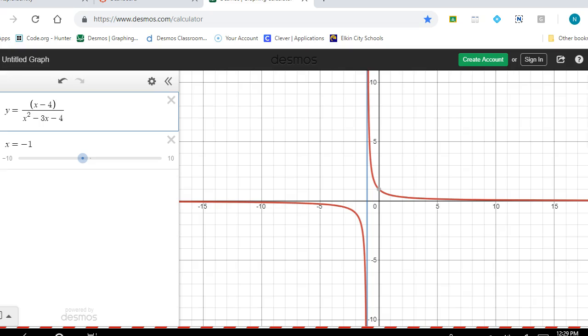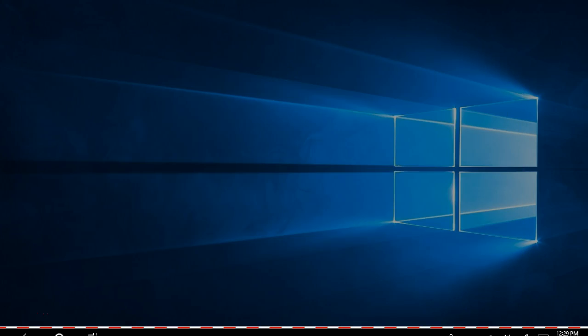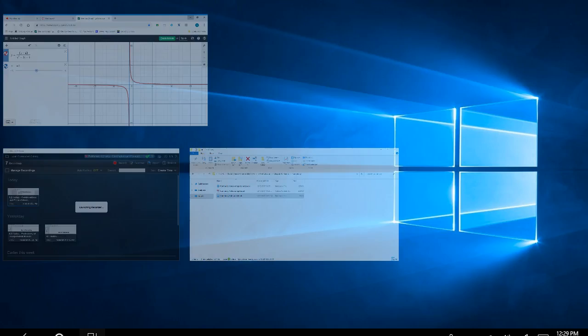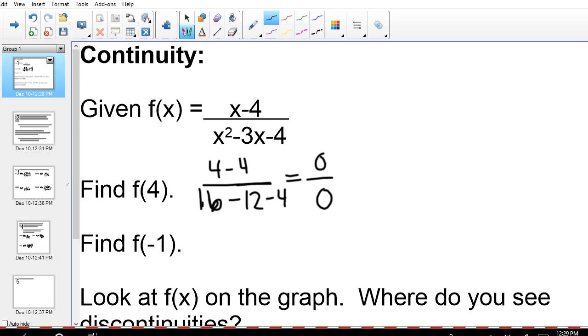Now at -1, we pretty obviously have a discontinuity. If we plug in -1, we get -1 minus 4 over -1 squared, which is 1, minus 3 times -1, which gives you positive 3, minus 4.